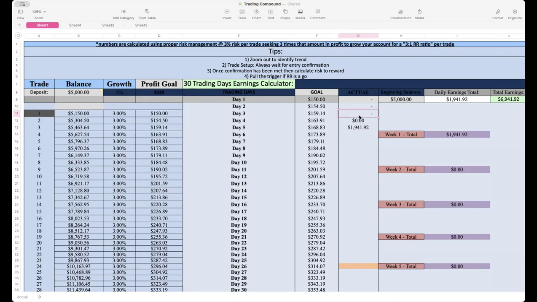So for the week, I made 1942.92. Oh, maybe this was the Sunday. Friday, Thursday, Wednesday, Tuesday, Monday, Sunday. Okay, it does include Sunday. I'll go with it.